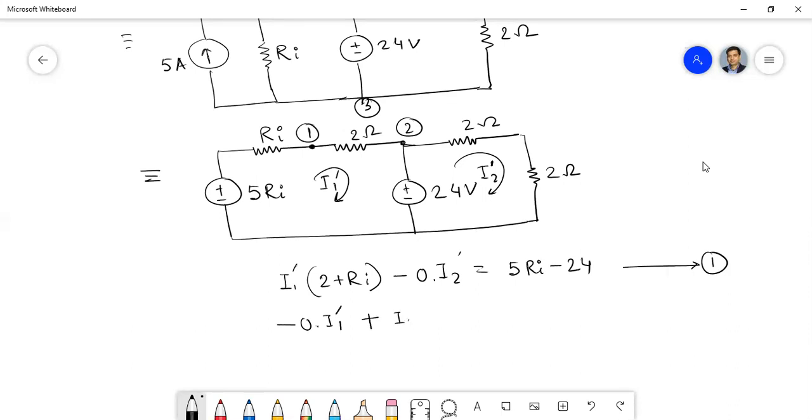So 24 minus 2 I2 prime minus 2 I2 prime equal to 0. How does 24 come here? On the left hand side there will be only resistances. 24 can be there in the right hand side. It will be 2 plus 2 only, the self resistances in that loop.